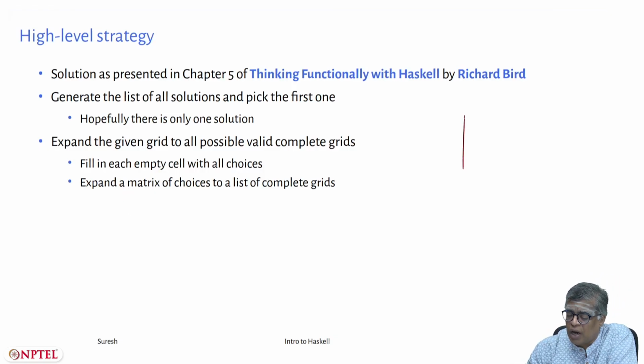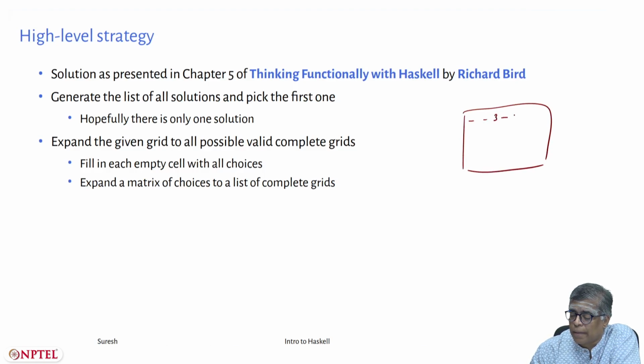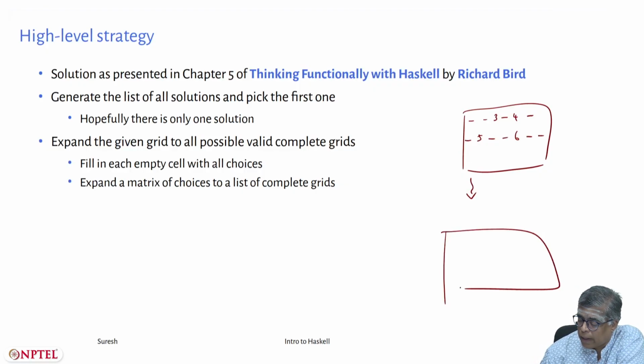So you originally had this with blank entries. What you do is, from here you go to digits 1, 2, 3, 4 instead of blank entries.